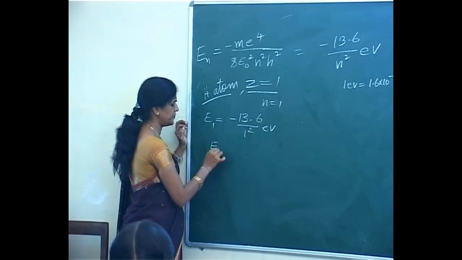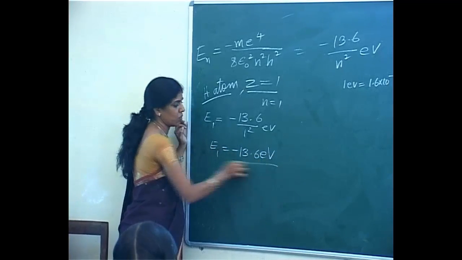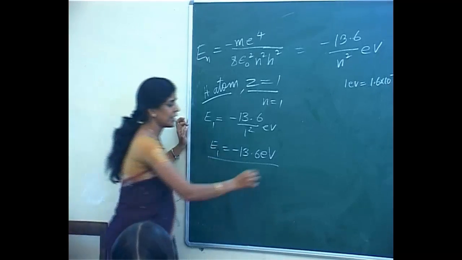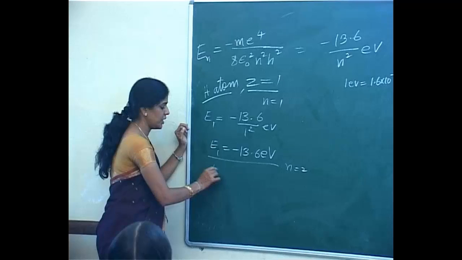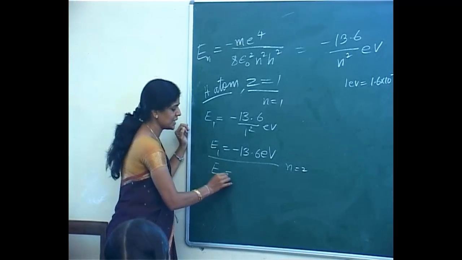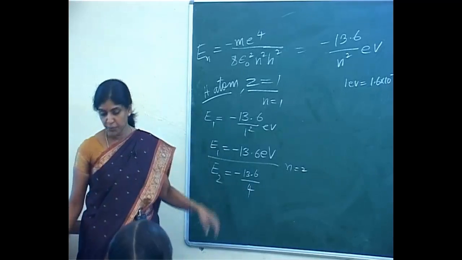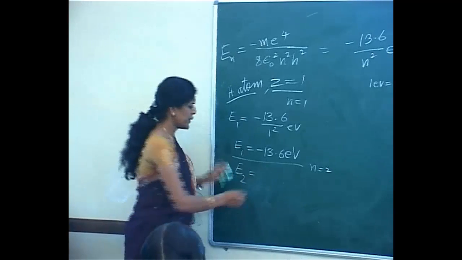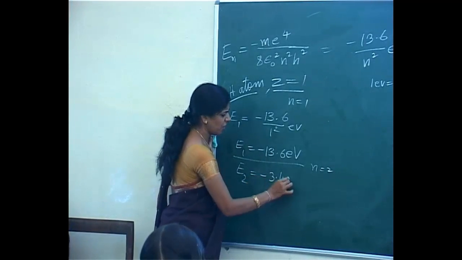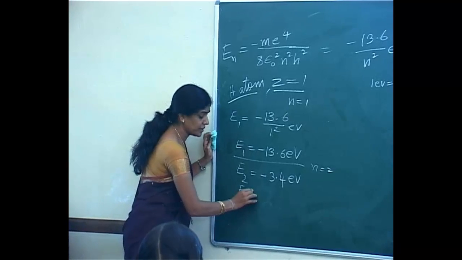It will be equal to minus 13.6 electron volt. Now the electron in the second orbit, n equals 2. Then E2 equals minus 13.6 by 4. Dividing, minus 3.4 electron volt.